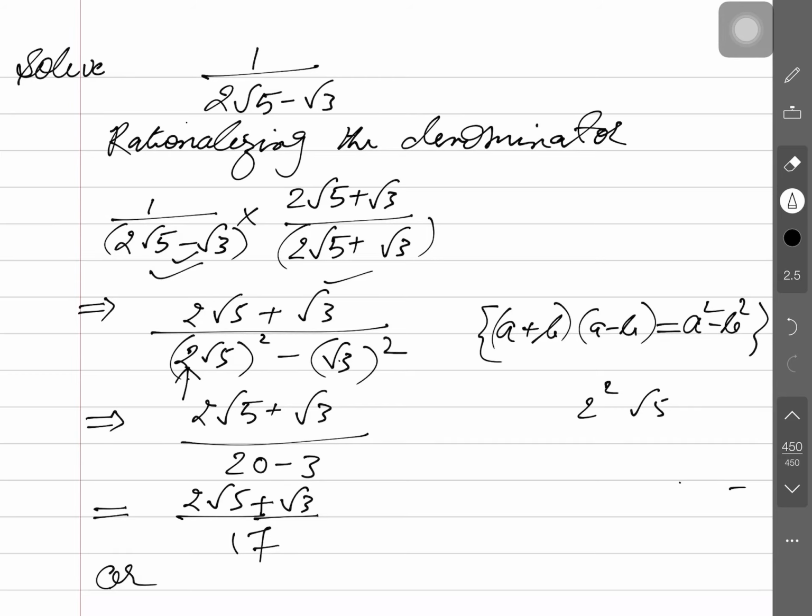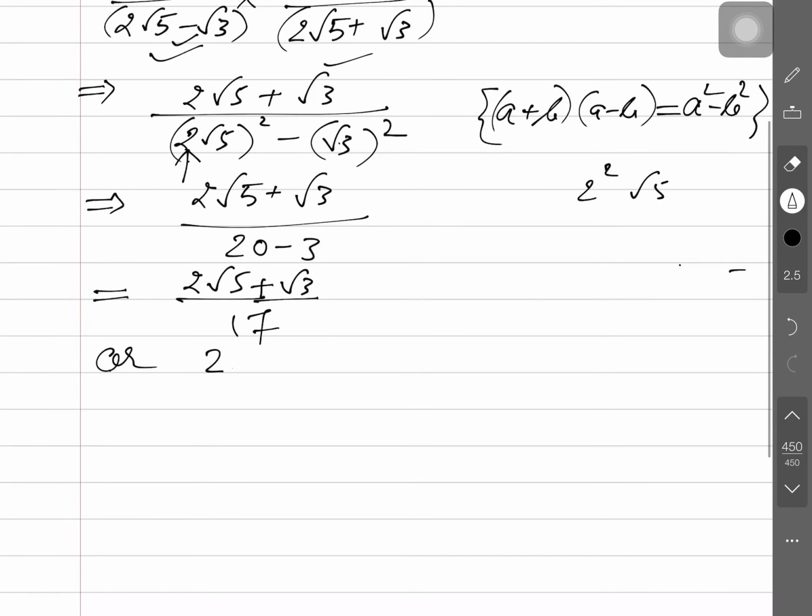So this can be written as 2 root 5 divided by 17 plus root 3 divided by 17.